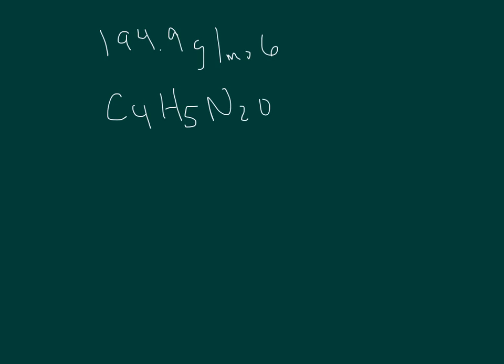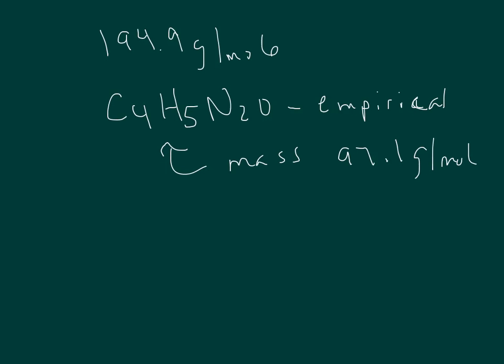So what we want to know is, what does this empirical formula weigh? So we want to find the mass of this formula. So off the periodic table, we're going to take carbon's mass times 4, plus hydrogen's mass times 5, plus nitrogen's mass times 2, plus 1 oxygen's mass. And we find out its mass is 97.1 grams per mole.